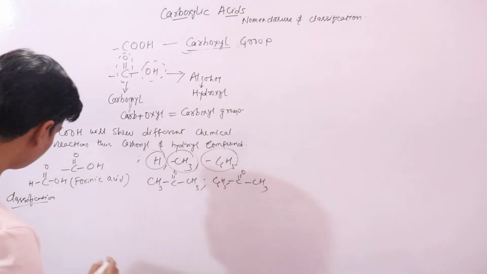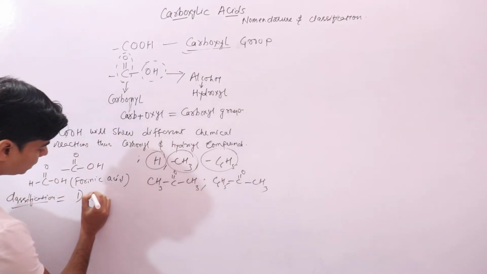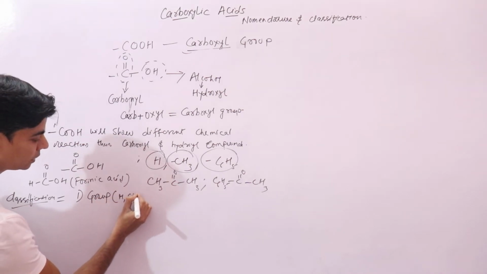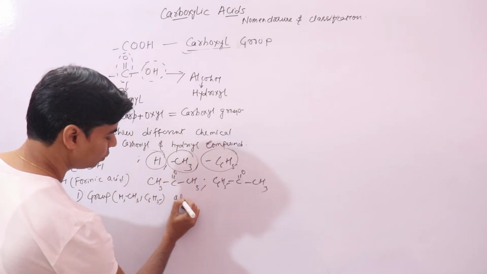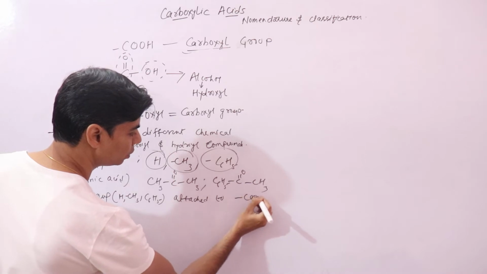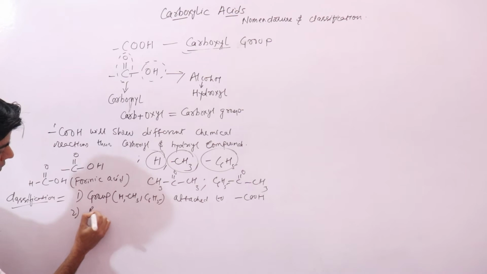So carboxylic acids are classified based on two things. First is the group, which can be hydrogen, like we have done here, methyl or C6H5 attached to your carboxyl group.